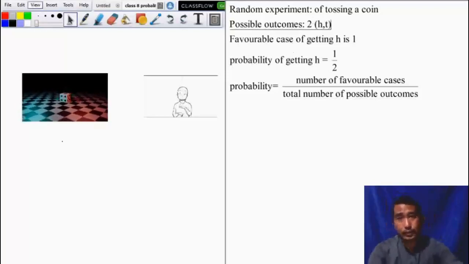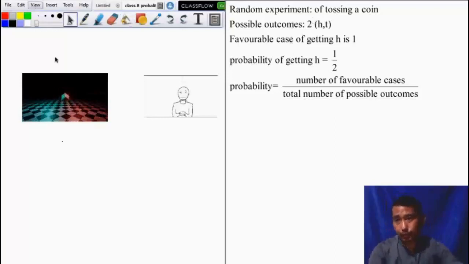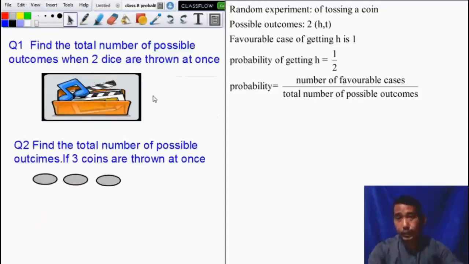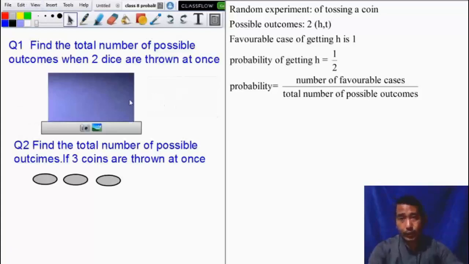But in the question I am giving, we have two dice, so think of what the possible outcomes will be and list them out.